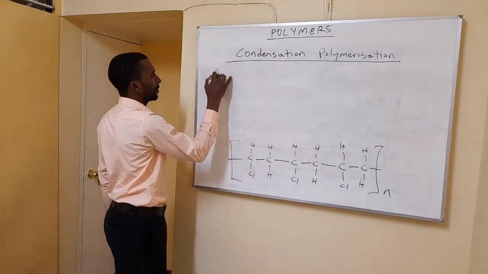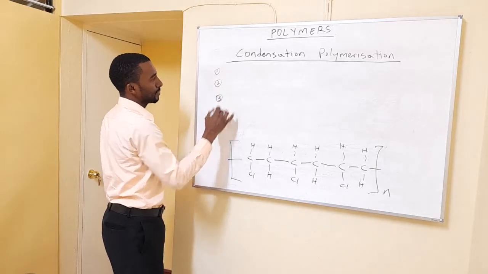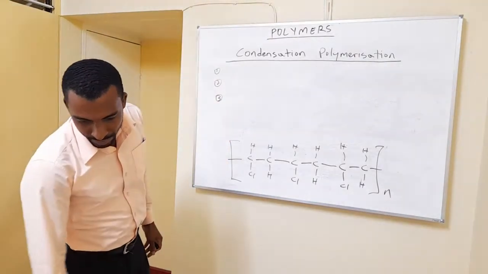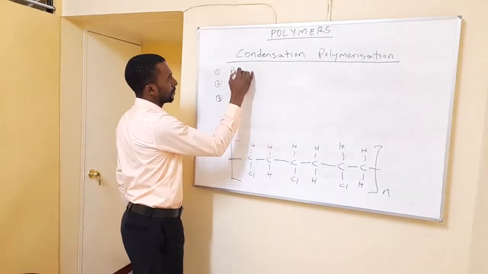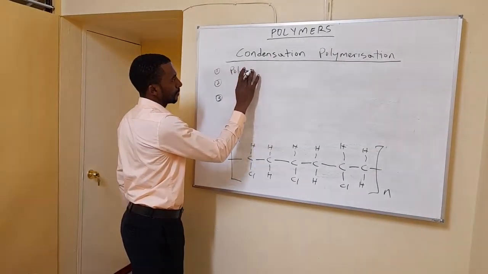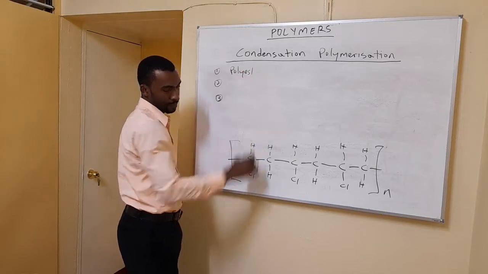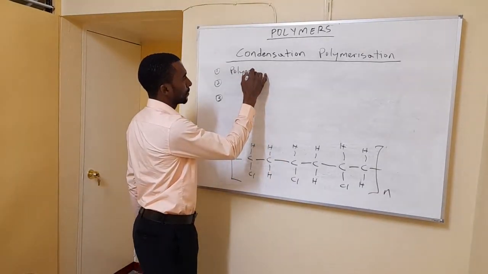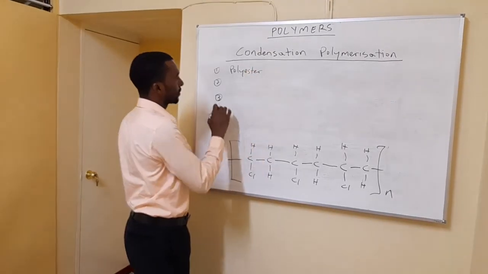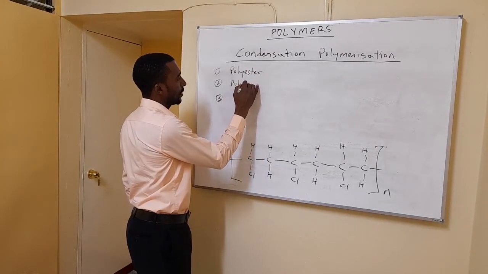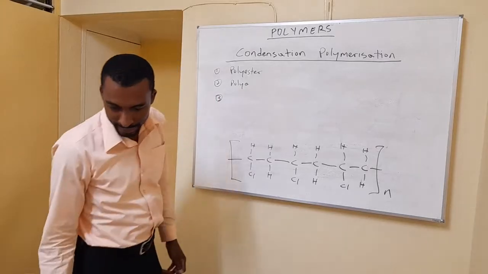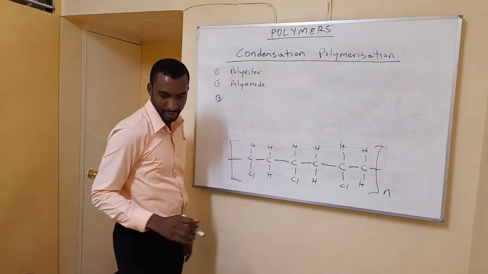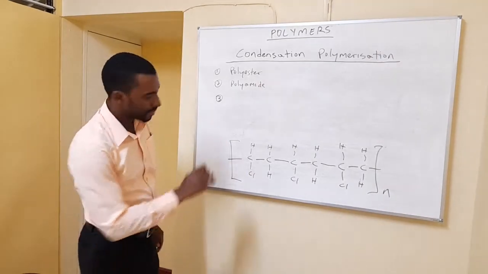And we have three general types: one, the polyester, two, the polyamide, and three, the polysaccharide, right?